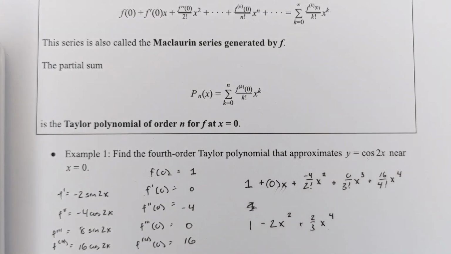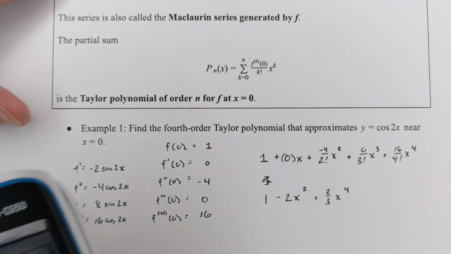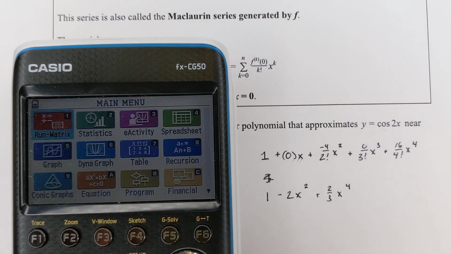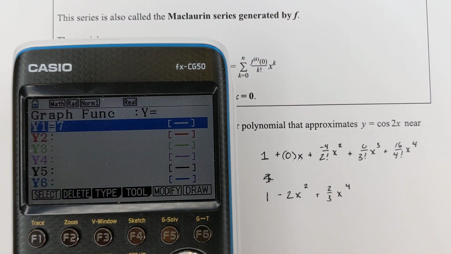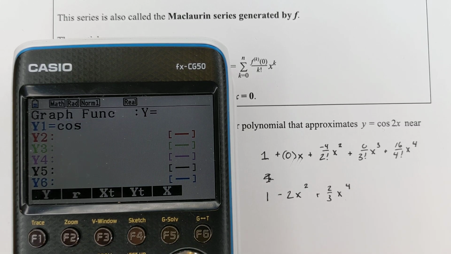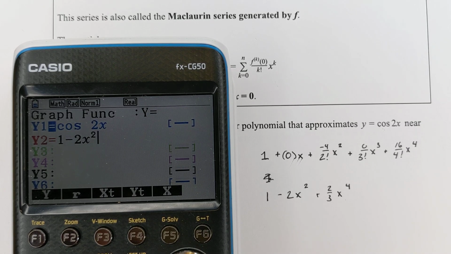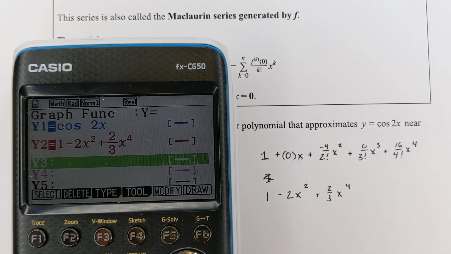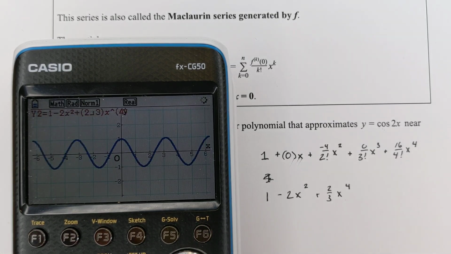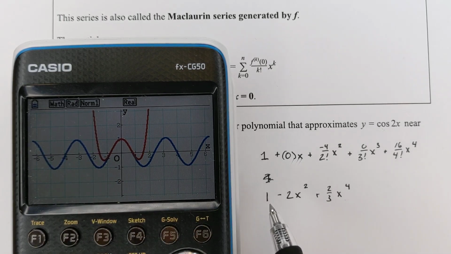Now let's look at the graphs here. We'll graph cosine of 2x, and we'll type in 1 minus 2x squared plus 2/3 x to the fourth. Draw. If you look, the blue one is the actual cosine function.